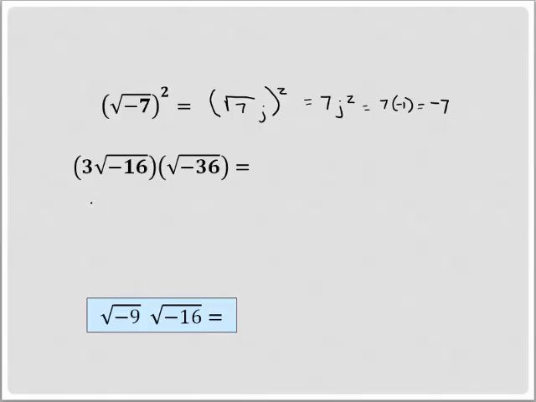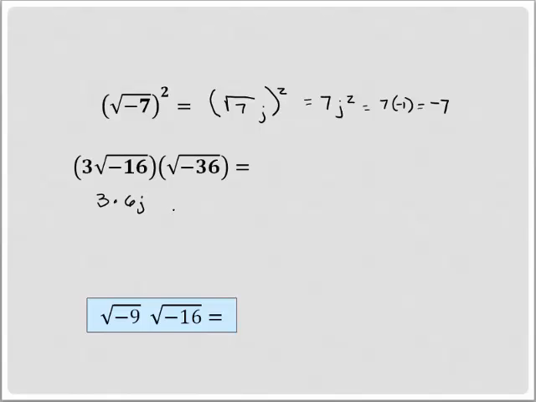All right, let's try another one. We're just going to write this down. I'm skipping a couple of steps, but hopefully we've got the hang of it. If not, go back to the other slides. Negative 16 underneath the radical. That comes out as 6j, right?